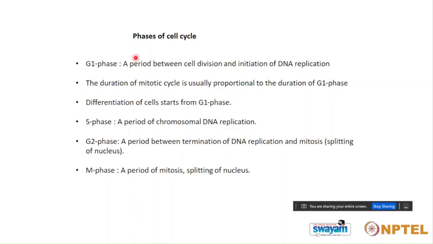Mitotic cycle refers to non-sexual somatic cell division. Simply to mention, somatic cell division. So the duration of this mitotic cell division is usually proportional to the duration of G1 phase. Then the differentiation of cells from G1 phase starts here.